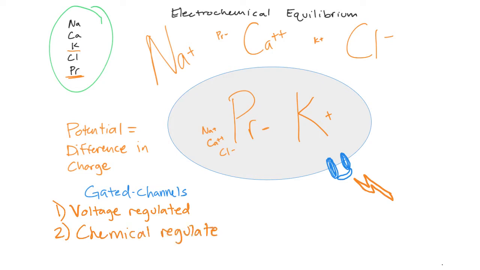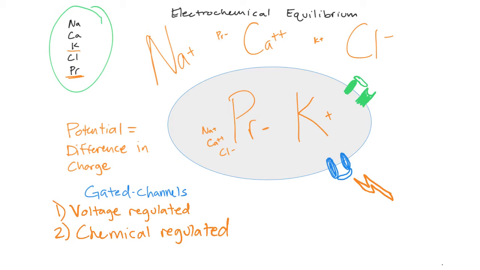We also have chemical regulated ones. So I'm going to draw another one over here. This one has a little spot there, and my swinging gate. It's horrible. And what was the chemical regulated gated channel which we had at the neuromuscular junction? Yeah, the acetylcholine receptor.